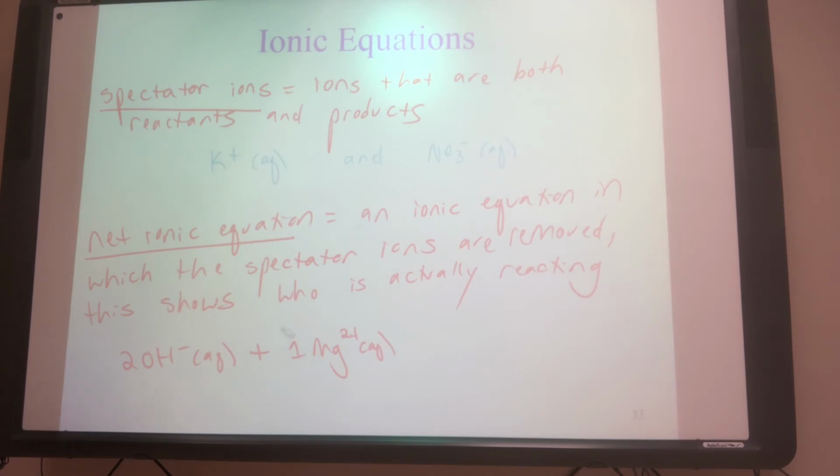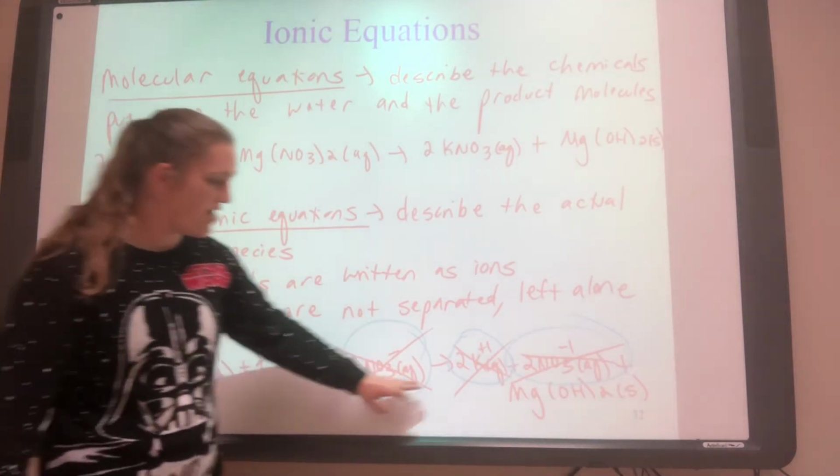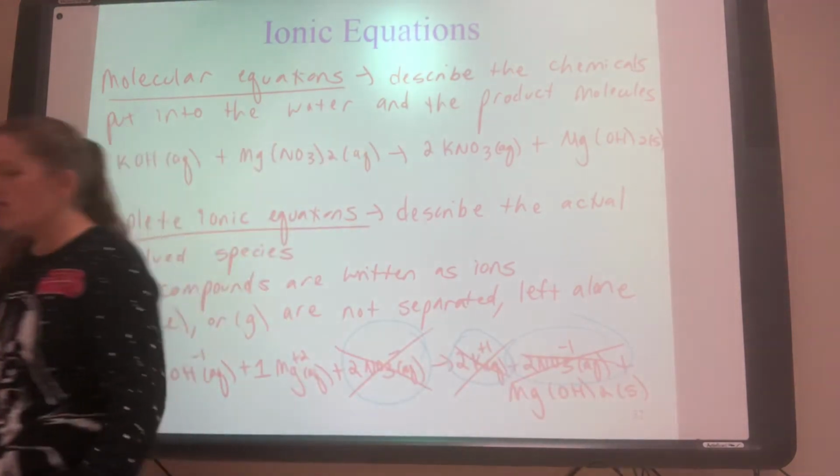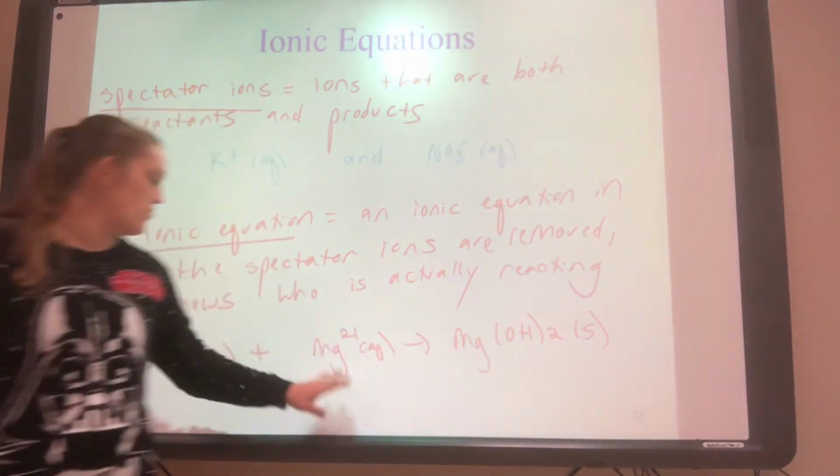You don't have to write the 1 because it's understood. So Mg2 plus aqueous, that goes away, that goes away, that goes away, and then my Mg(OH)2. And it should be balanced. 2 OHs, 2 OHs, 1 Mg, 1 Mg.